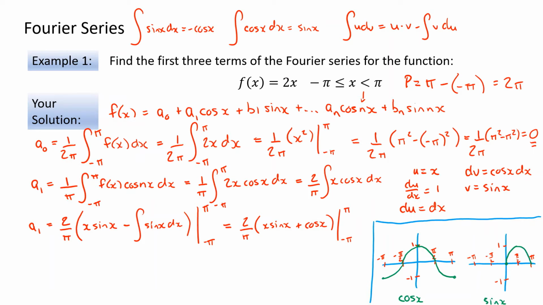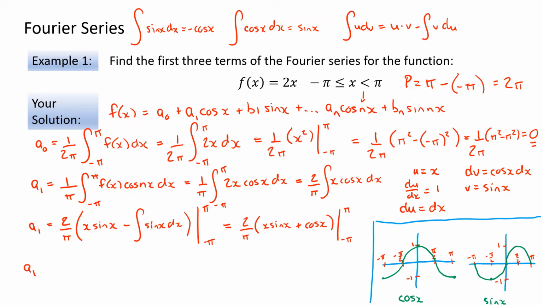At negative pi, we go the opposite direction. At negative pi by 2, it's equal to negative 1, and then it goes back up and is equal to 0 at 0. This would continue on that trend. The waves are the same, they're just shifted: cosine shifted to the left, or you could say sine is shifted to the right by pi by 2. So keep those values in mind.